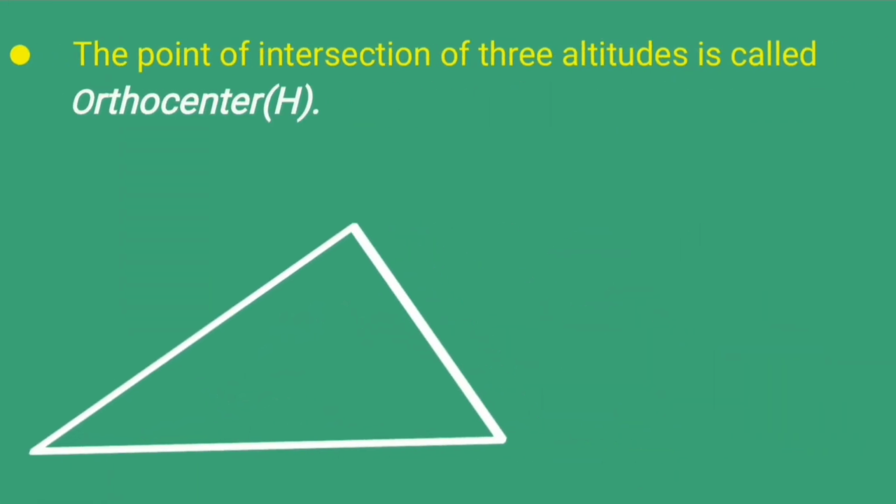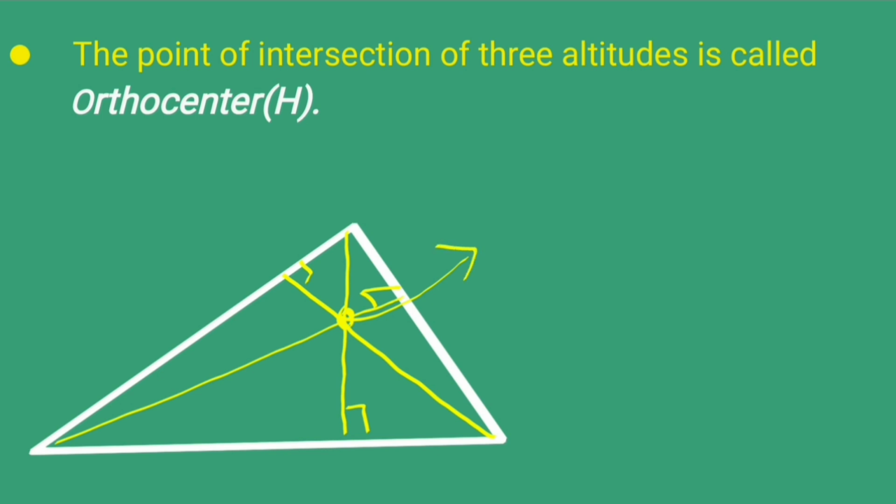Now here is a triangle. Suppose this is one altitude. This is the second altitude. And this is the third altitude. Now these 3 altitudes are meeting here at this point.